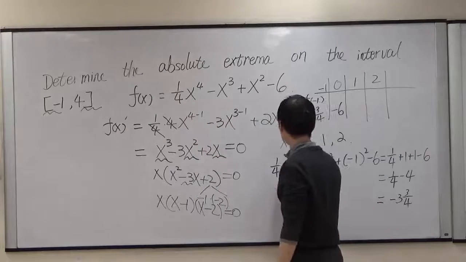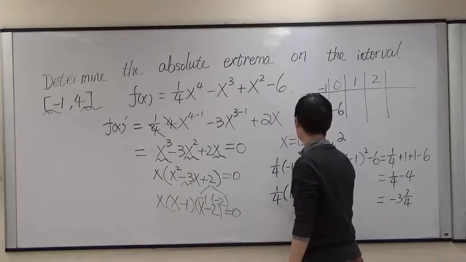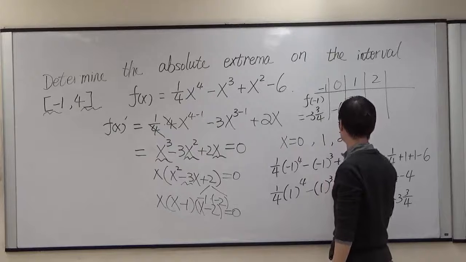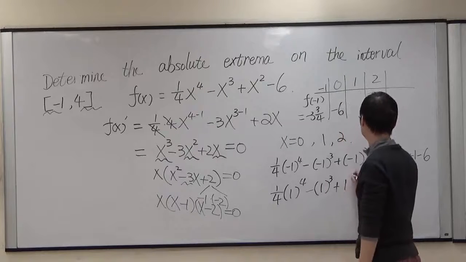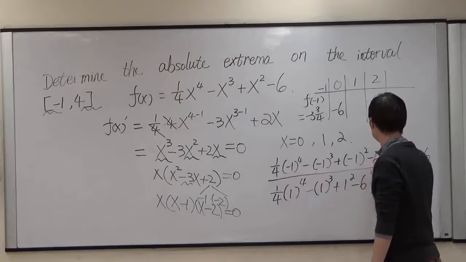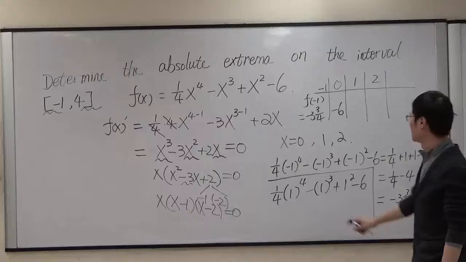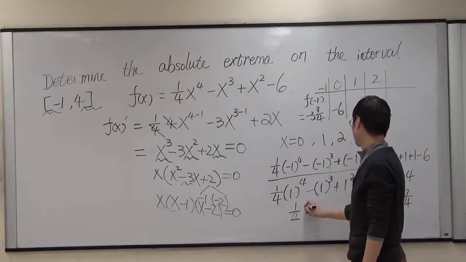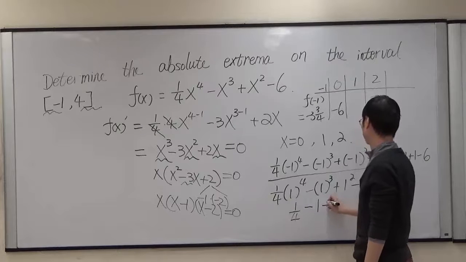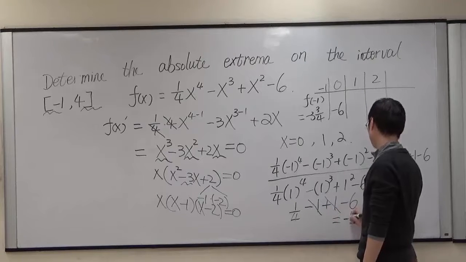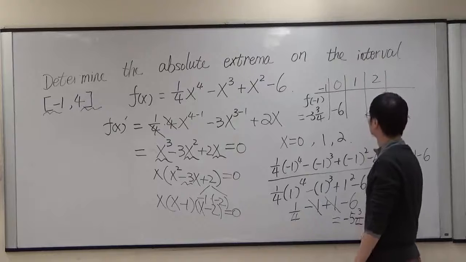So 1 to the 4th, subtract 1 to the 3rd, plus 1 squared, minus 6. 1 to the 4th is 1, so I have 1 over 4, subtract 1 plus 1, subtract 6. That cancels out, so 1 over 4 subtract 6 will be negative 5 3 over 4.